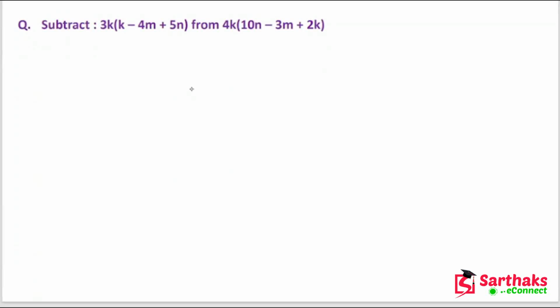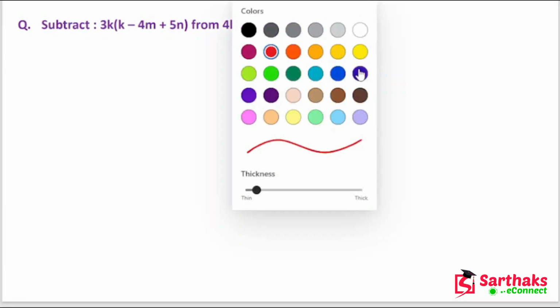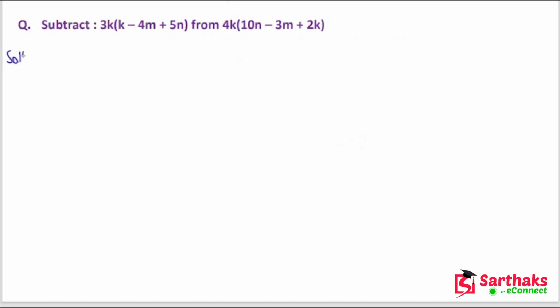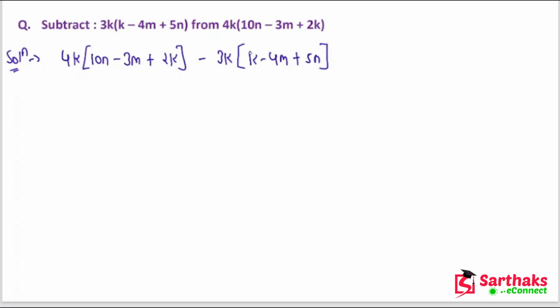This says subtract 3k into k minus 4n plus 5n. They've changed the variables, so we can do that also. First I write it in this form. From this, first of all we have to calculate 4k into 10n minus 3m plus 2k, minus 3k into k minus 4m plus 5n.